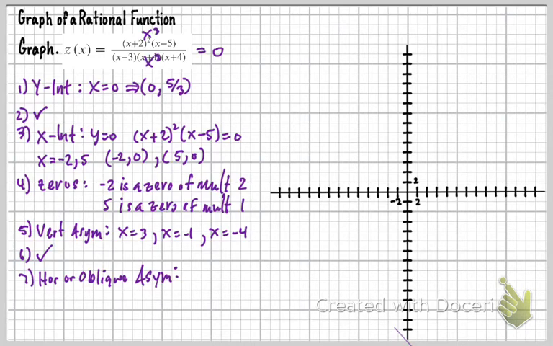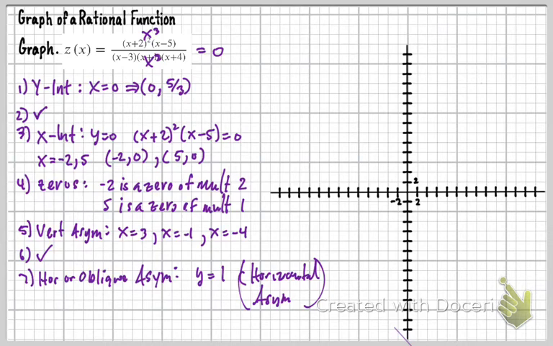And as x gets sufficiently large, like 100,000 over 100,000 is still 1, I'm going to get a 1 here. So this tells me I have a horizontal asymptote at y equals 1. And there it is.